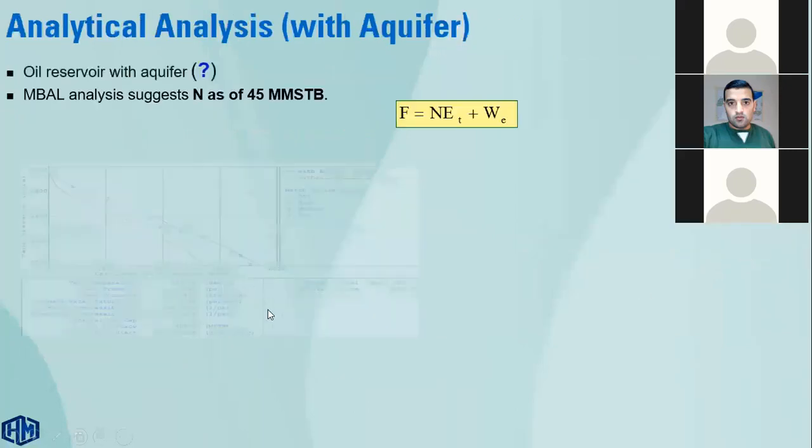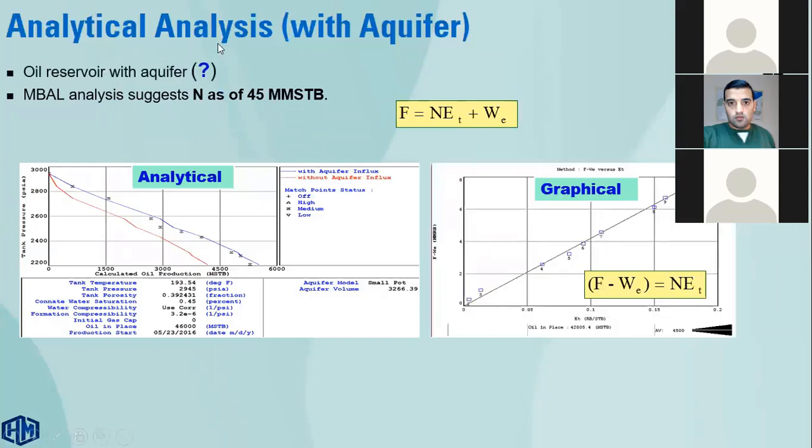This is another example from MBAL software. In this, we have an oil reservoir with or without a water aquifer. In the analytical analysis, we have tank pressure versus cumulative oil production, and this is the field data, or actual production data, of tank reservoir pressure versus cumulative production.